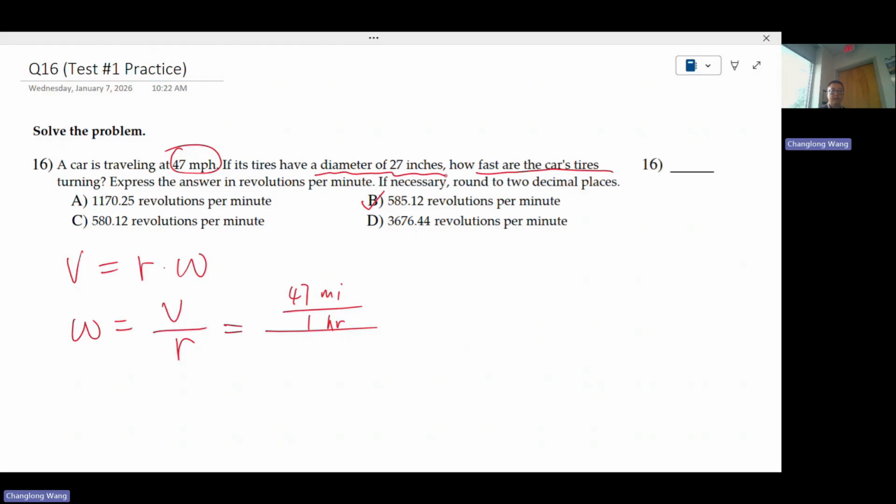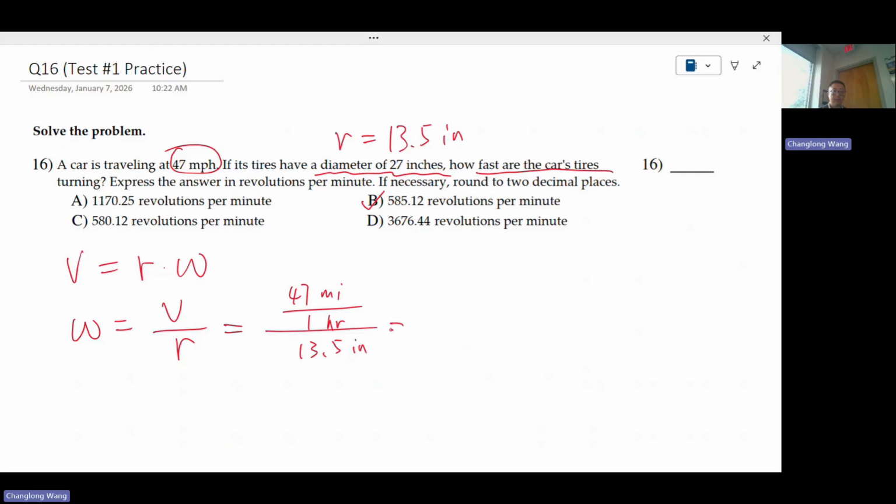Now please be very careful with word problems when they try to tell you something, but not directly. So the diameter is 27 inches, which means that the radius has to be half of it, right? 13.5 inches. All right, so we're going to divide that by 13.5 inch, right? And also it looks like a complex fraction, right?